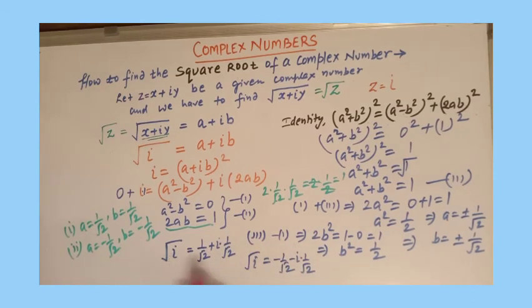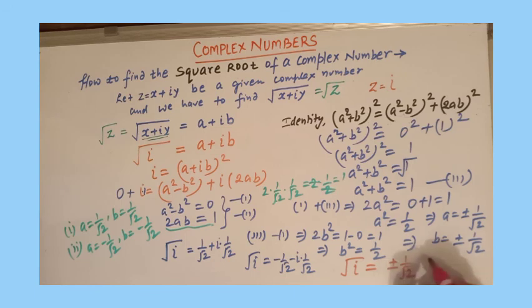Therefore, if we combine both the square roots, the square root of iota can be written as plus minus 1 over square root of 2 times (1 plus iota). So this is the square root of iota.